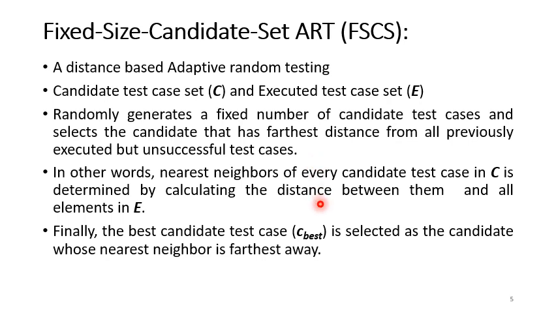In other words, the nearest neighbor of each candidate test case is determined by calculating the distance between all elements in E. Finally, the best candidate test case is selected as the candidate whose nearest neighbor is farthest away.